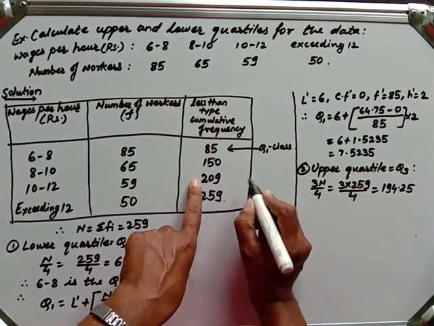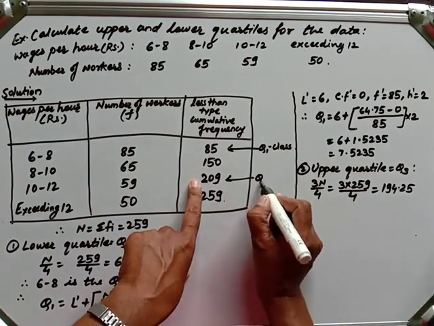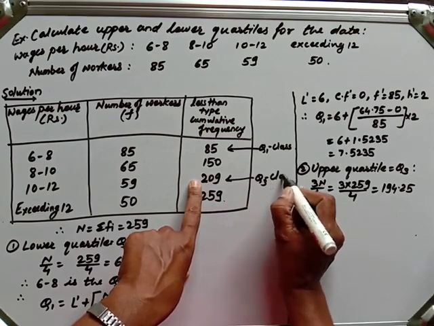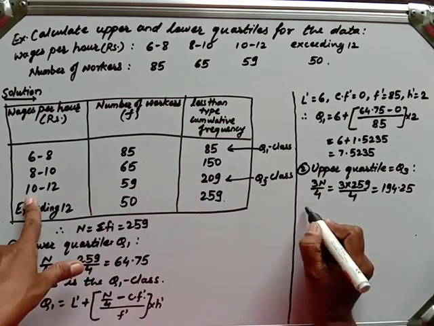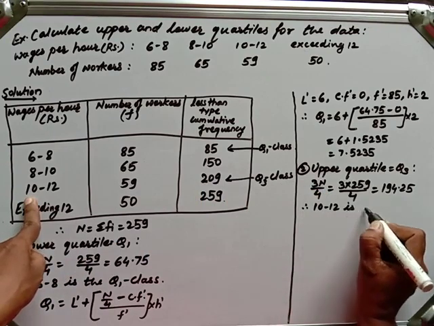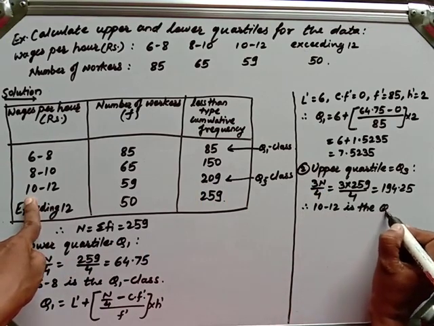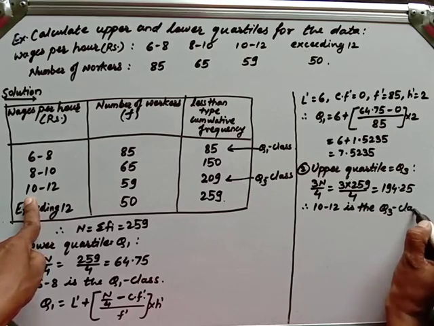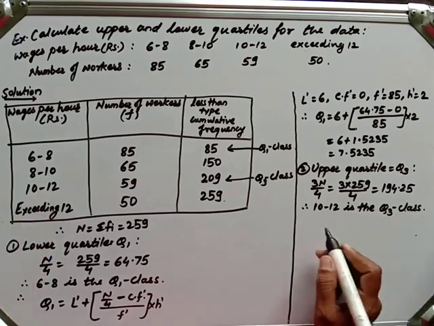It is 209. So this is the Q3 class. Therefore, 10 to 12 is the Q3 class.